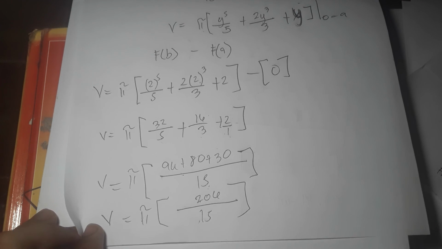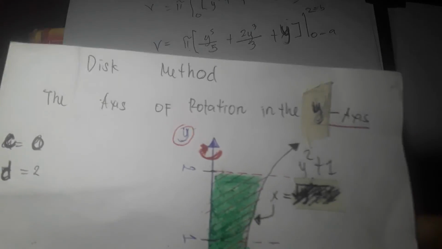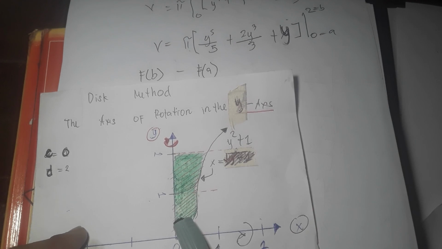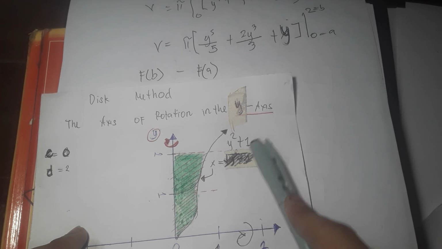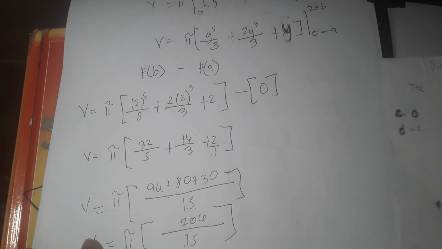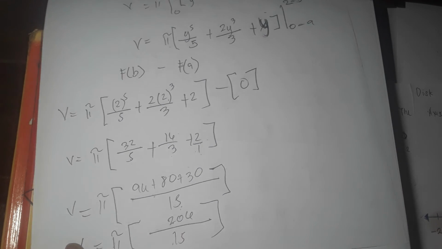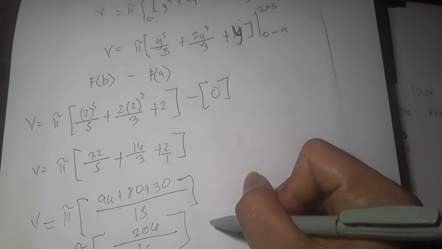So this is already the volume, given that the axis of rotation is the y-axis with the value of our radius being y squared plus 1, and the interval from 0 to 2. So the volume is 206 pi over 15, and let's convert this one into a decimal.